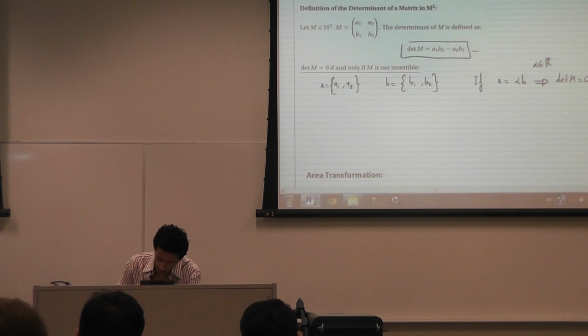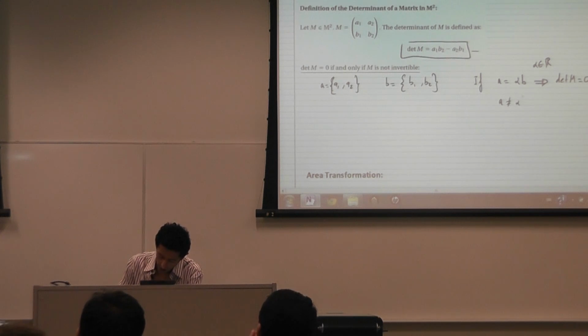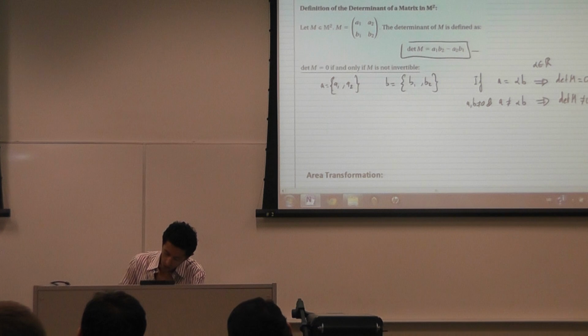And if A is not equal to alpha B and A, B are not 0, you'll find that the determinant of M is not equal to 0.